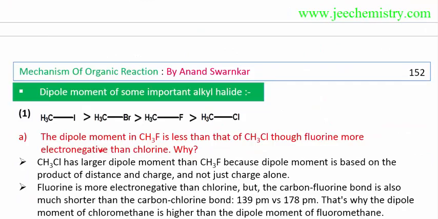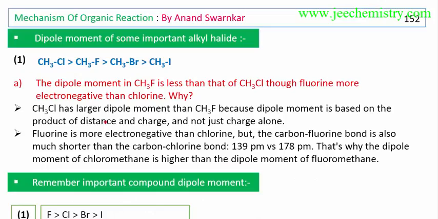Now, for this series of compounds, the order of dipole moments is something different.